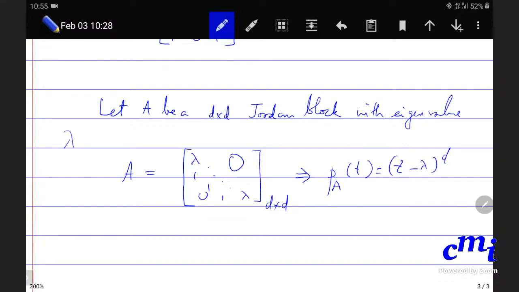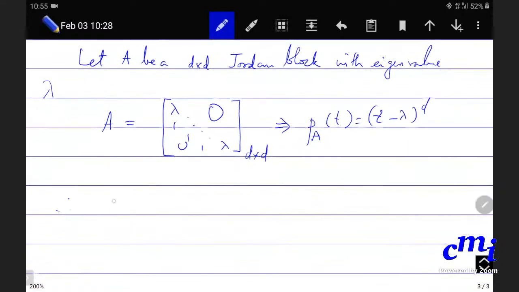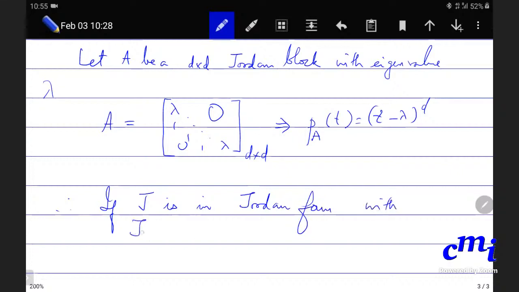So therefore, if J is in Jordan form, with Jordan blocks J lambda 1, J lambda 2, up to some J lambda r, so some r Jordan blocks, each one of them looks like this.